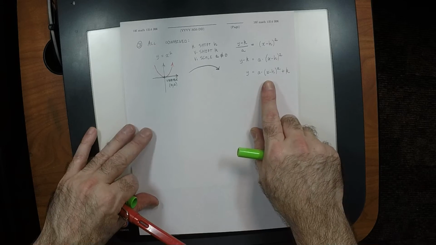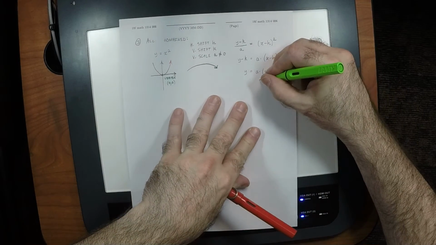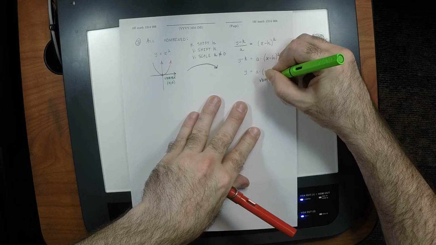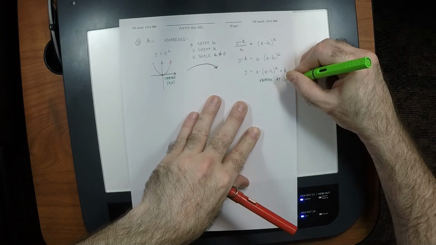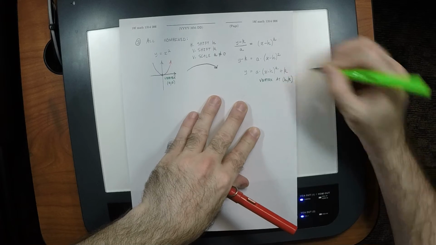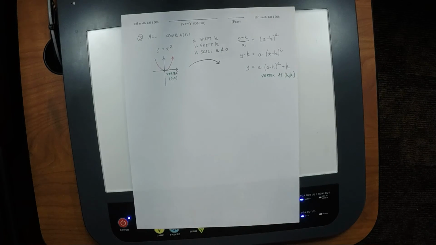At hk. So we moved it from 0, 0 to hk. And we also made a scale. And then qualitatively, there are the different possibilities. Was the scale positive or negative, which is to say, did we flip it or did we not? And then did we squish it or stretch it?